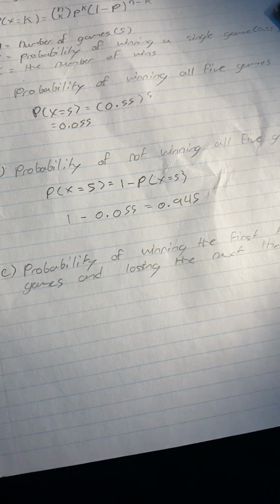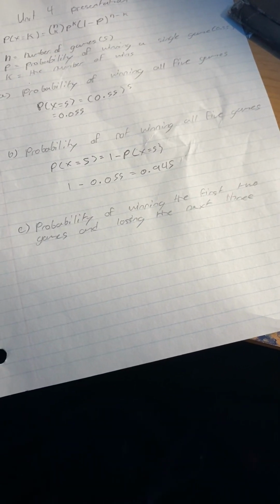Now moving on to C, the probability of winning the first 2 games and losing the next 3.